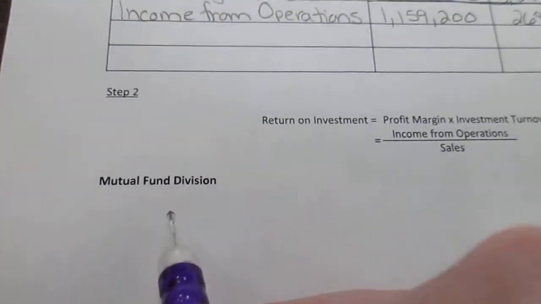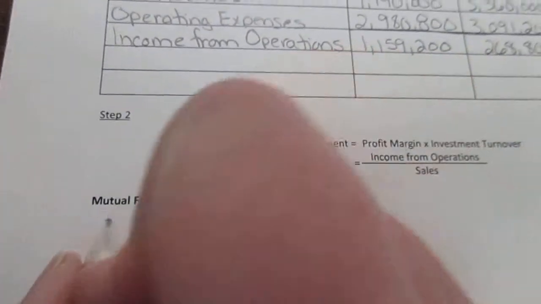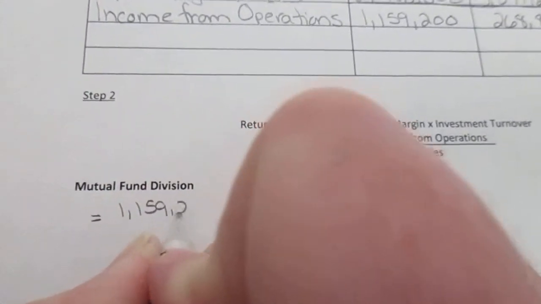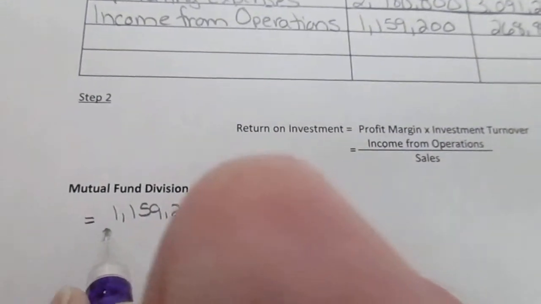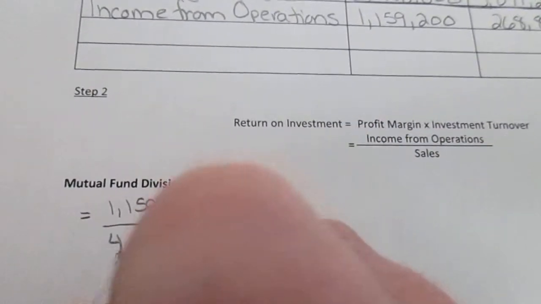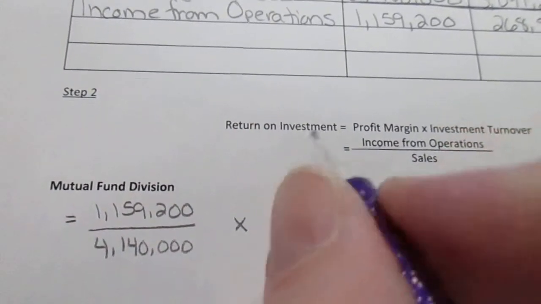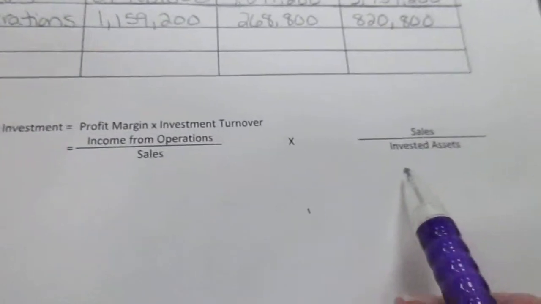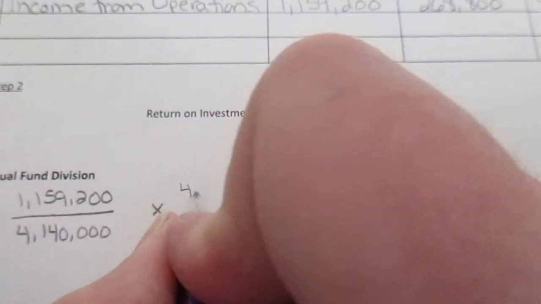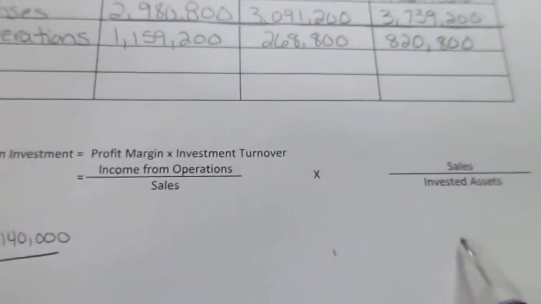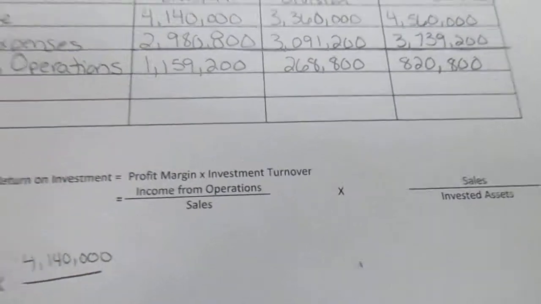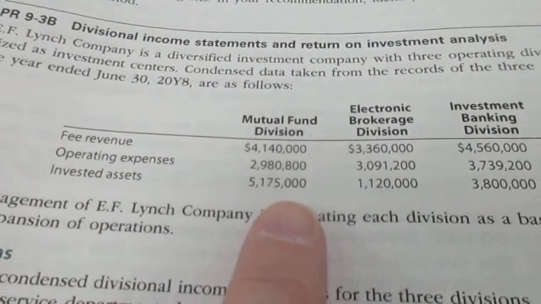So if we look at our mutual fund division, the income from operations is 1,159,200 divided by our sales, which is 4,140,000, and we're going to multiply that times our sales, 4,140,000, divided by our invested assets, which our textbook tells us over here is 5,175,000.